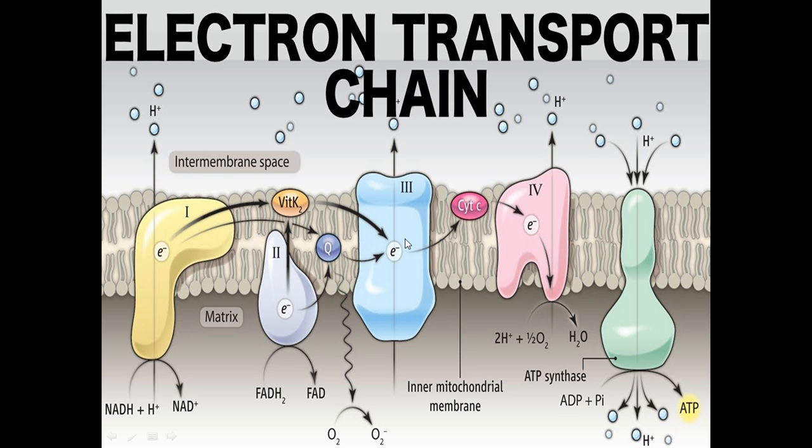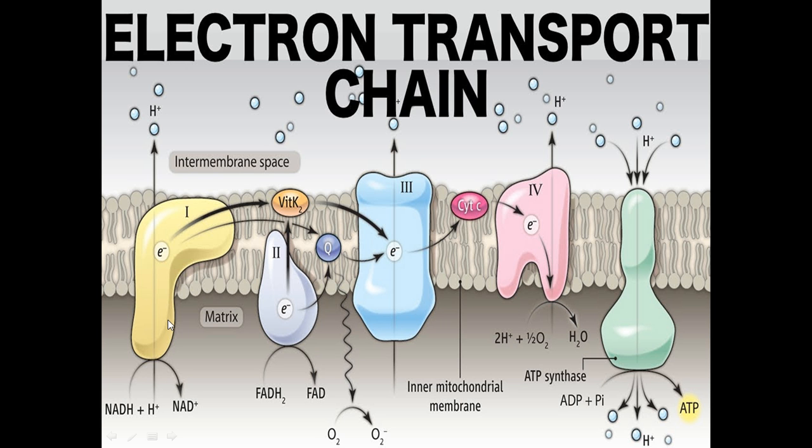The same routine, it gives it out to cytochrome C, then cytochrome C to complex 4, which also pumps protons from the matrix and gives the electron to the final electron acceptor in the chain, called oxygen, and this oxygen gets reduced to water.